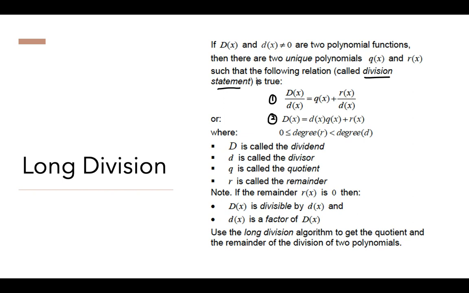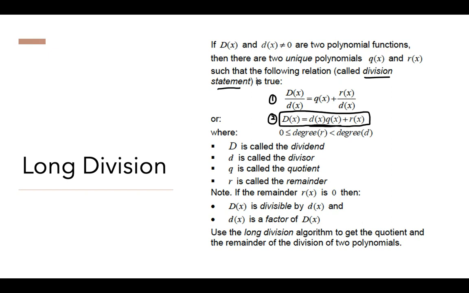The difference is that the left side and right side have each been multiplied by d of x. So when I multiply d of x to the left side and right side, it cancels out, but then you have d of x times q of x. This is the most common way that everyone represents a division statement.